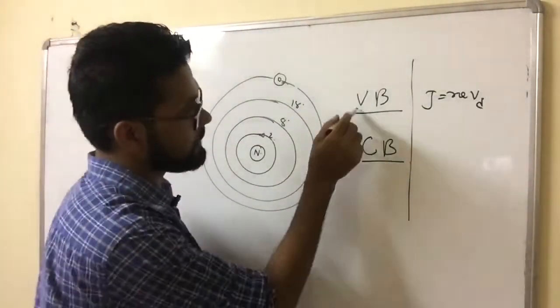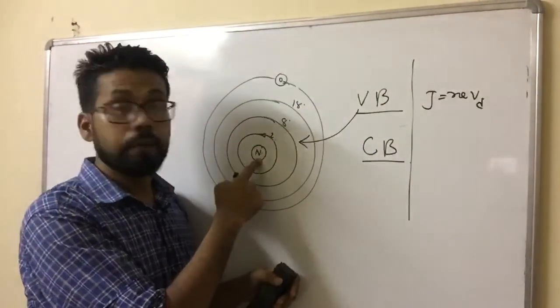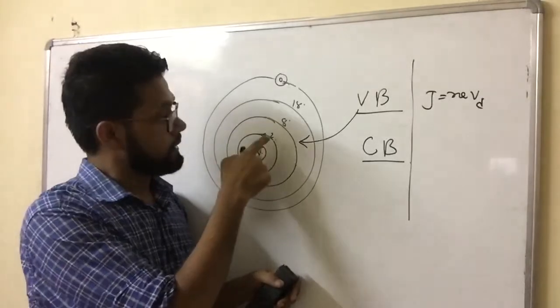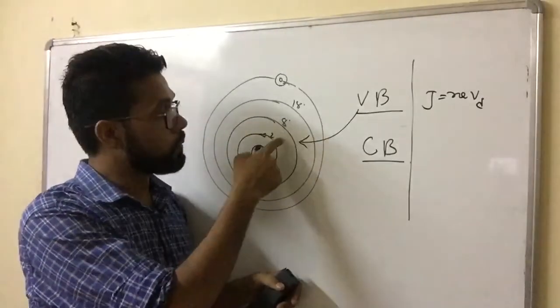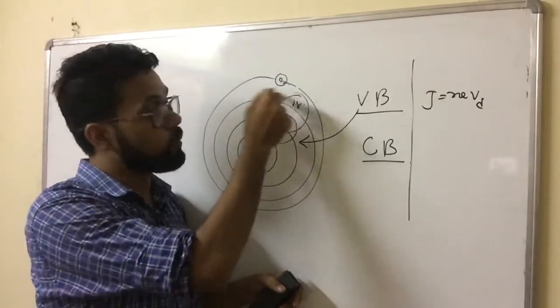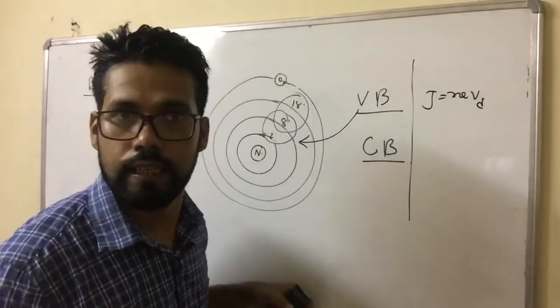So what do you mean by the valency band? You can understand from here: the band formed by the closest shell electrons. These 2, 8, and 18 electrons are very close to the nucleus. The band formed by these closed shell electrons is known as the valency band. Clear?